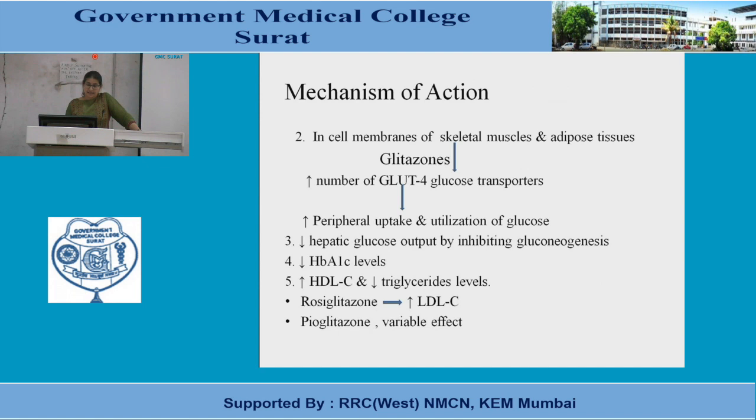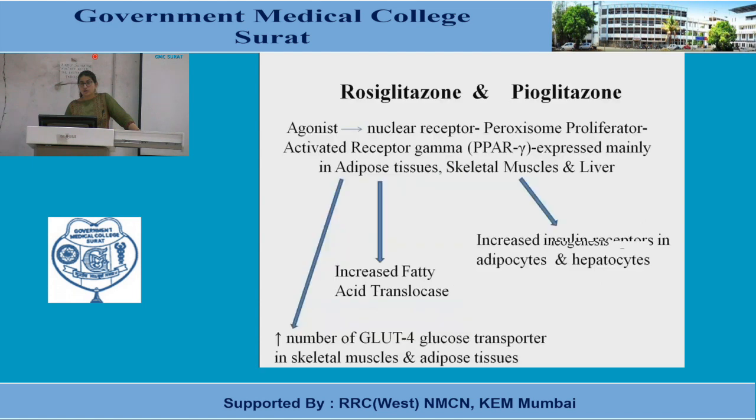They decrease glycosylated hemoglobin A1C levels. They increase HDL-C and decrease the triglyceride level. Specifically, rosiglitazone will cause an increase in the LDL cholesterol level. Pioglitazone has a variable effect.